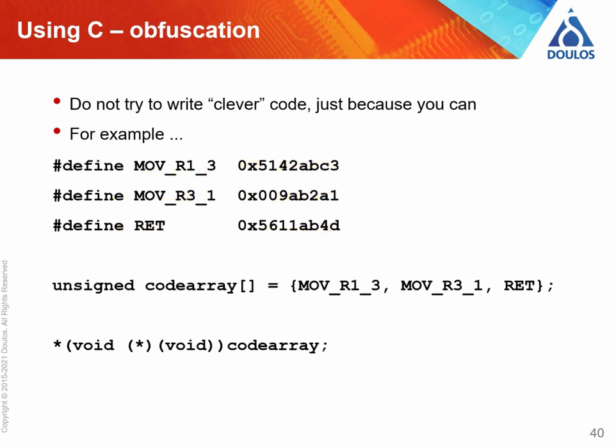So we have an array that contains 3 instructions, and what's actually happening with our mystery line of code is that it's going to treat the code array as if it was a function containing those 3 statements. So that line of code is going to execute the 3 instructions that are part of the array.